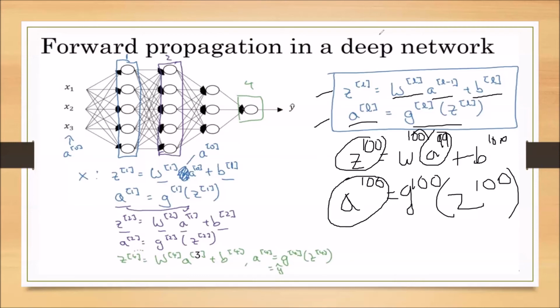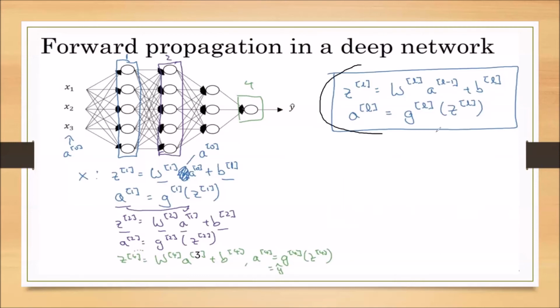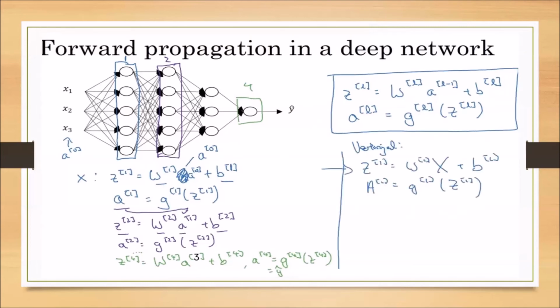This is the generalized formula for the deep neural network notation whenever we are finding the activations of a particular layer for a single training sample. But when we vectorize, as we already discussed, the W will not change, the B will not change, but the capital X will change. So this is the vectorized notation.